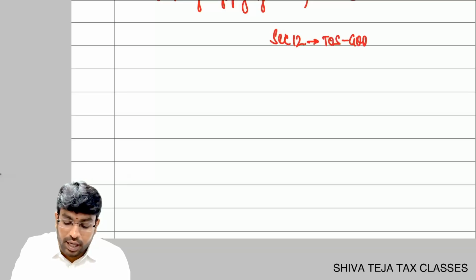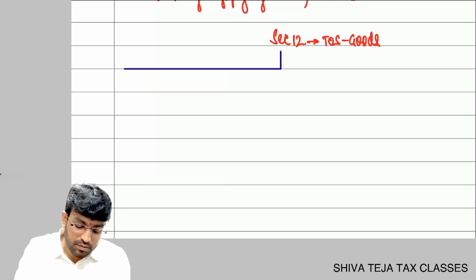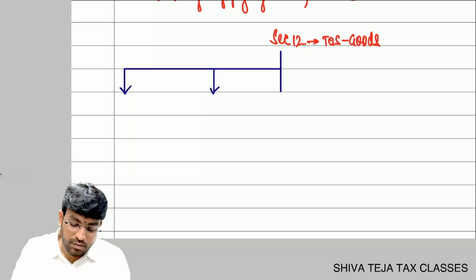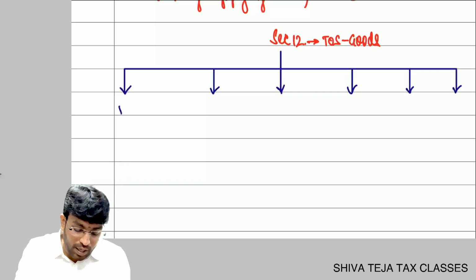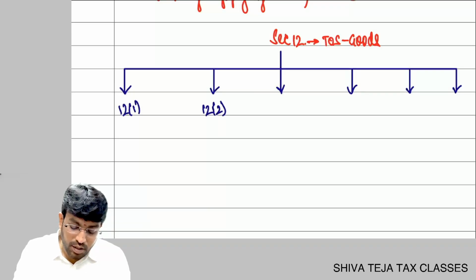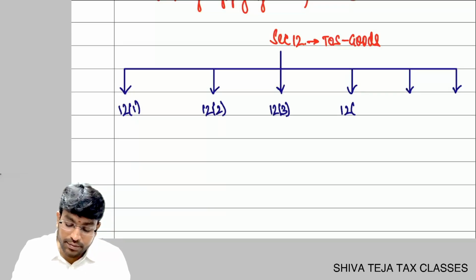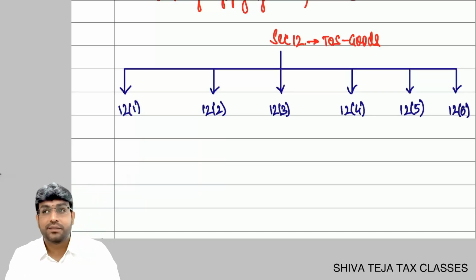Section 12 deals with time of supply in case of goods. In 12, we have got 12.1, 12.2, 12.3, 12.4, 12.5, 12.6.